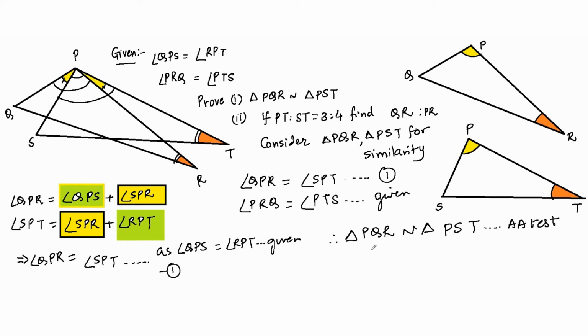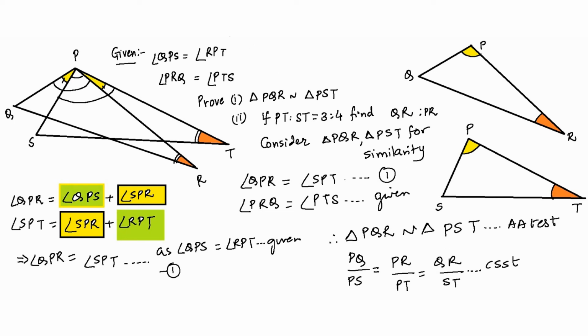And therefore by CSST I can say that PQ divided by PS will be equal to PR divided by PT, which is equal to QR divided by ST. This is because of CSST. Now we need to find QR is to PR.